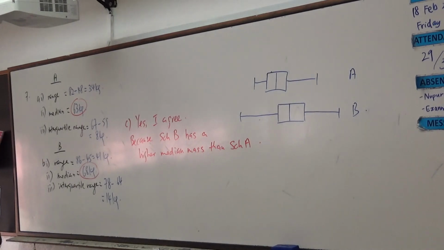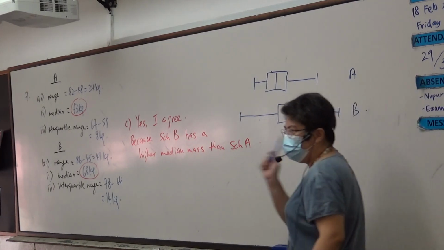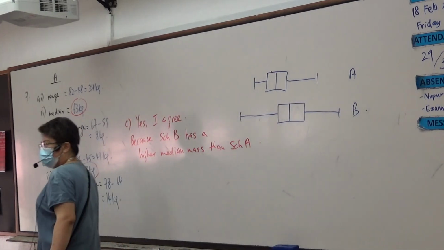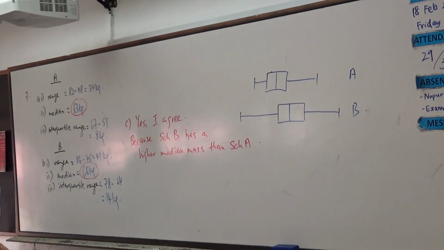Okay. Now I want to extend the question. What if I say which school has a wider spread of masses? School B, right? Because why? The interquartile range is higher.